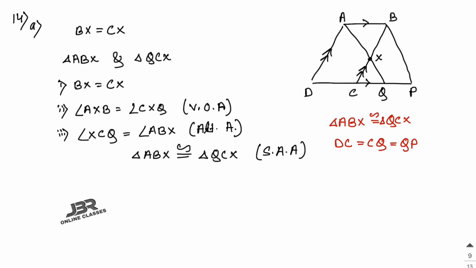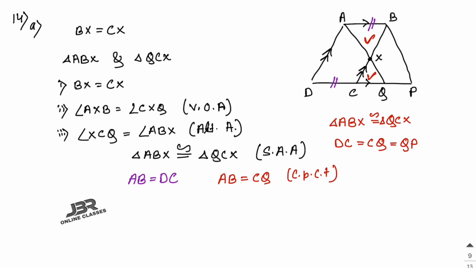Now the next part, you have to show that DC is equal to CQ is equal to QP. So as ABCD is a parallelogram, that means AB is equal to DC because opposite sides are equal. Now as these two triangles are congruent, then definitely you can write down AB is equal to CQ by CPCT.